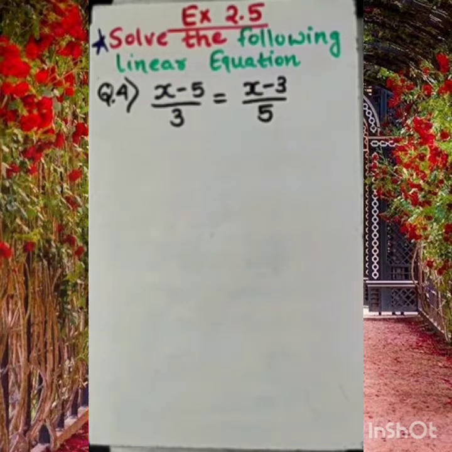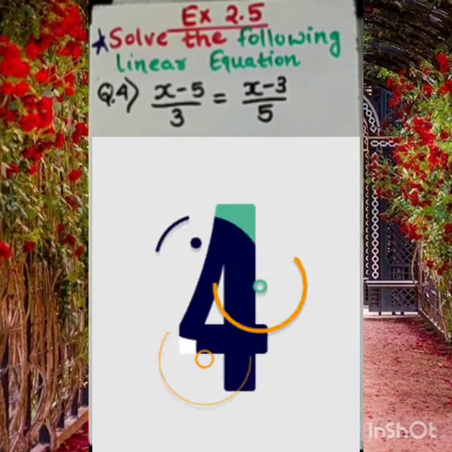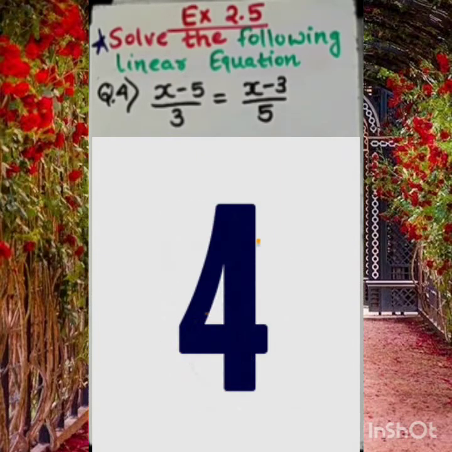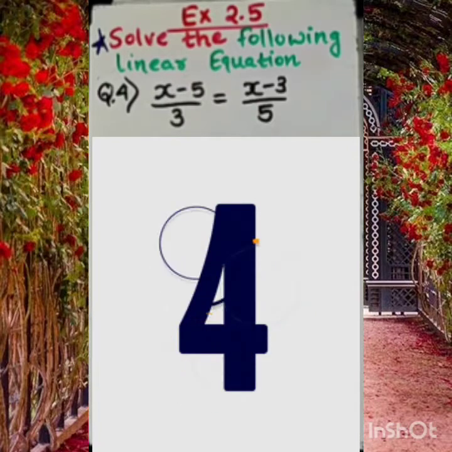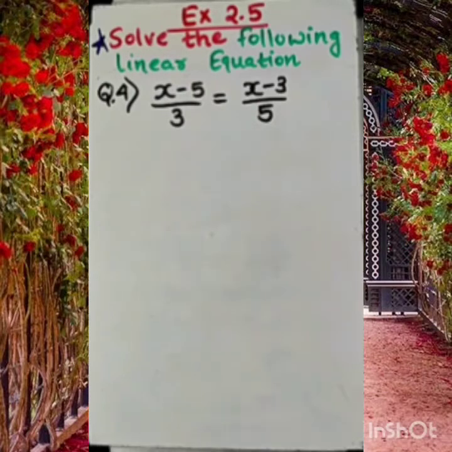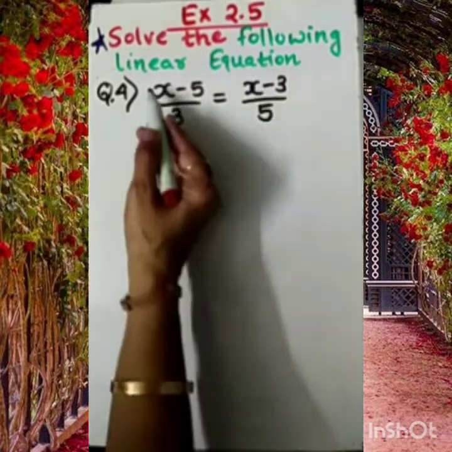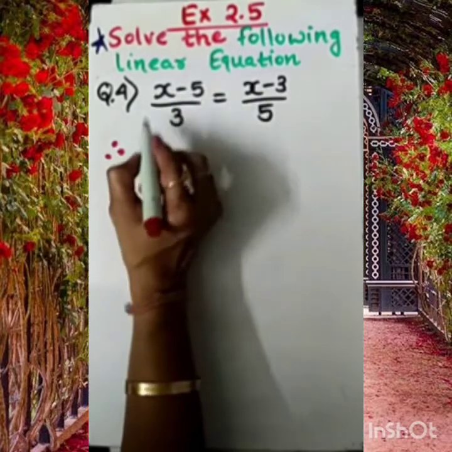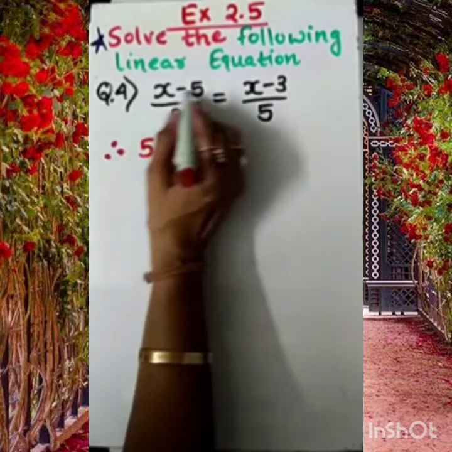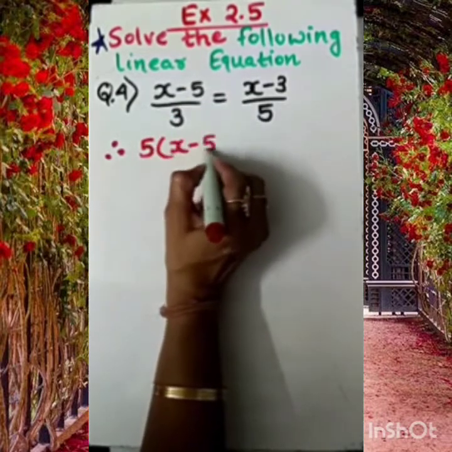Question number 4 is on your screen. The question is x minus 5 by 3 equal to x minus 3 by 5. In such a case, what we have to do, dear student, we need to do the cross multiplication. So therefore, the sign is compulsory to write. 5 will be multiplied with this term x minus 5.